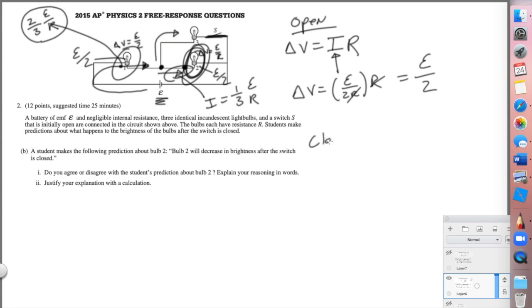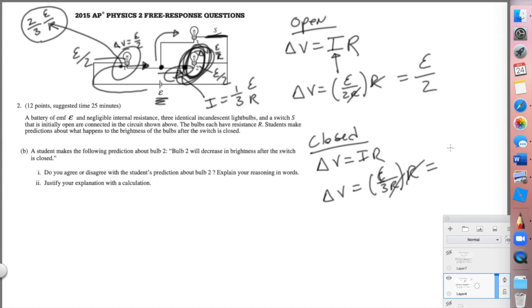So now let's calculate. When the switch is closed, and again, we're focusing on bulb number 2, the voltage across bulb number 2 is going to be I times R. The current through bulb number 2 when the switch closes is 1/3 E over R. So we'll just put E over 3R times R. So R cancels and we get E over 3.